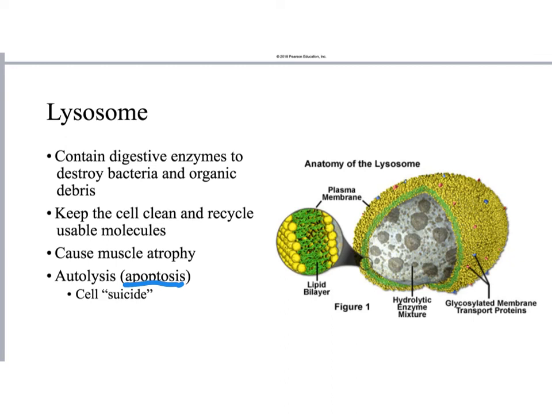Part of what's happening is the lysosomes are dissolving some of the proteins inside those muscle fibers, and so they're getting smaller and smaller. And of course, once you regain function and you exercise, maybe do some therapy, you'll be able to build that muscle back up. But lysosomes are involved in that process of muscle atrophy when you don't use a muscle.